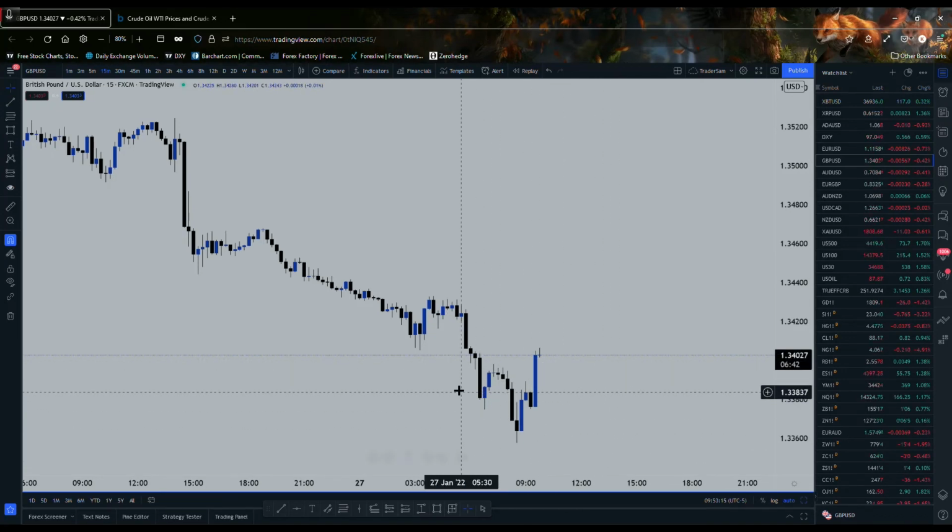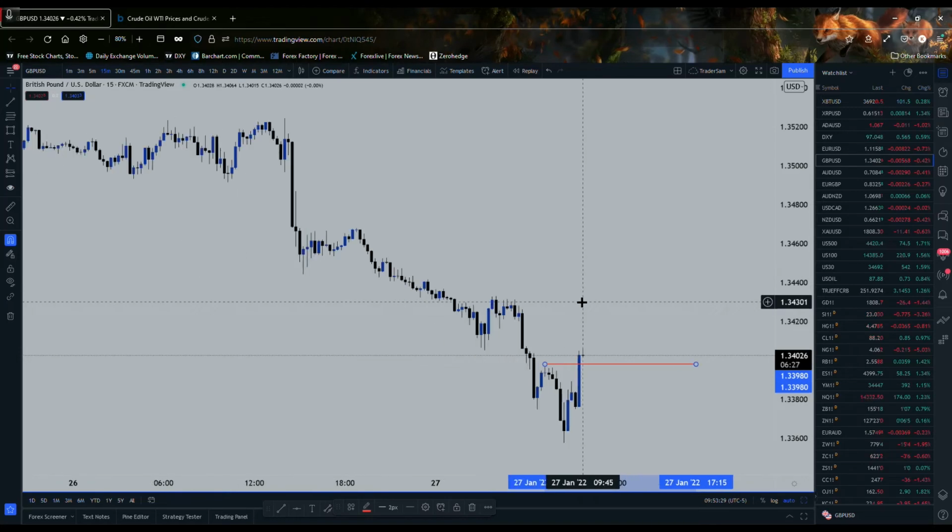It could be this three drives pattern, 1, 2, 3. It came down, and now maybe it has broken a short-term market structure. So who knows? Now it maybe wants to take out this high for next week, maybe tomorrow, as a TGIF.